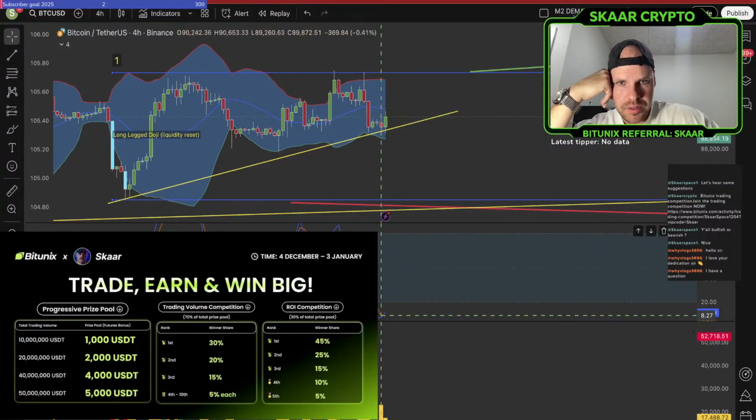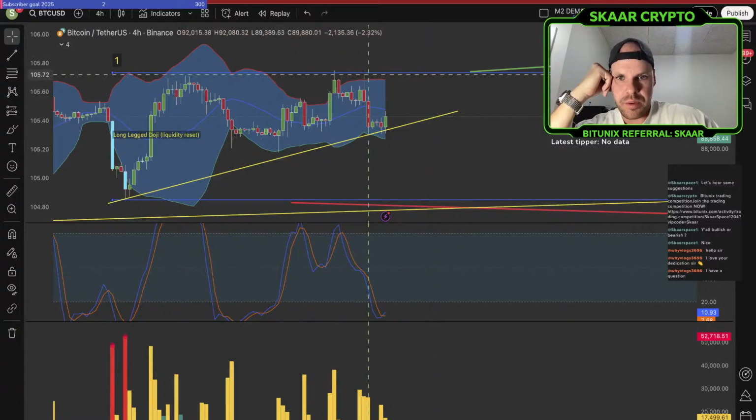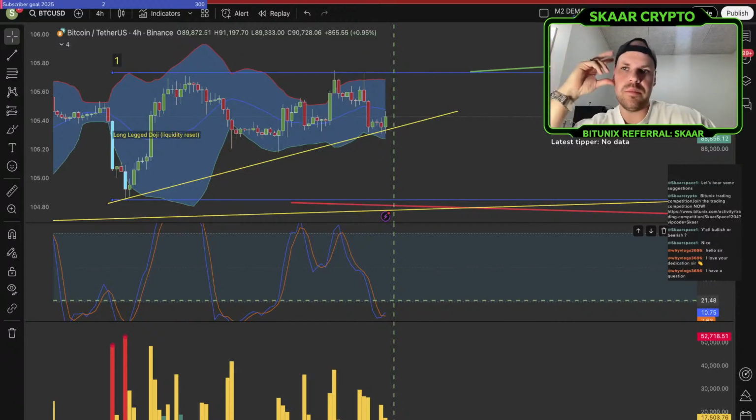The confirmation starts happening around here, but it takes some time for the curve to happen, and that is usually where on a 4-hourly, when I swing trade, I wait for a confirmation. I might even wait a little longer to enter a trade, but that's on a longer time frame.